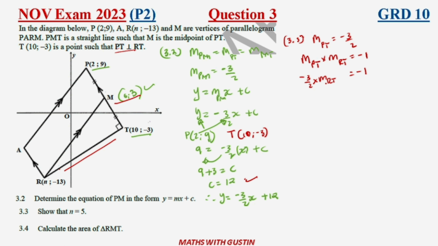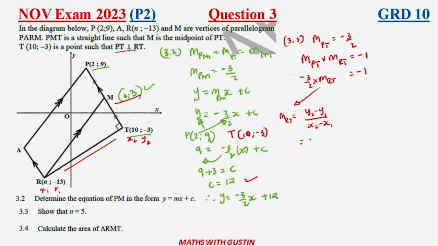So now we need to find this expression here. What is the gradient of RT? RT will just be the same as the other formulas, guys. Minus 1 is equal to, so we can say this is our x1, this is our y1, and this is our x2, this is our y2.